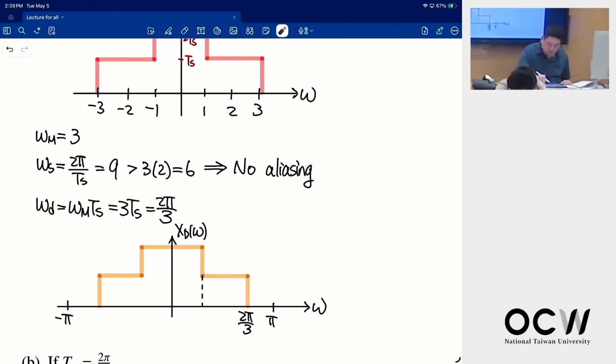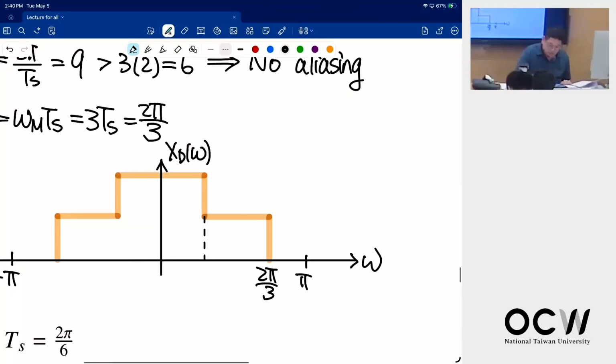And how about this one? 2π over 9. And this is minus 2π over 9 and minus 2π over 3.